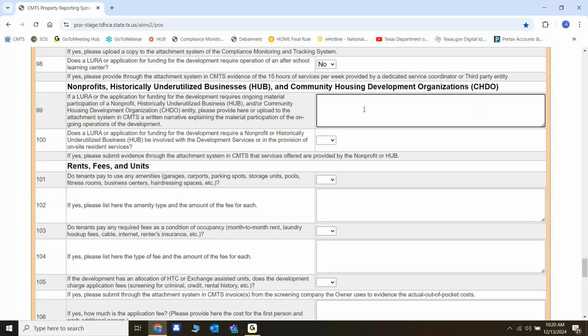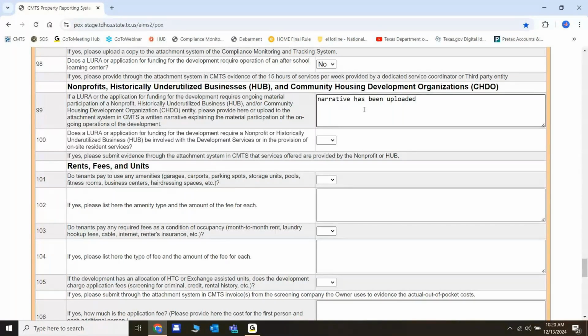So we gave you the option to either type your narrative directly into the monitoring review questionnaire, or you can upload it if it's a big long piece of paper and you have it on file and you don't want to type it in here. If you're going to upload it, you can just say narrative has been uploaded. And then the monitor will know that you didn't just skip this.